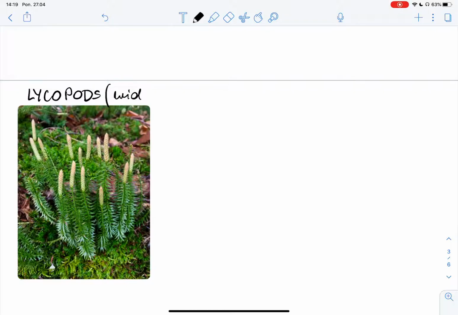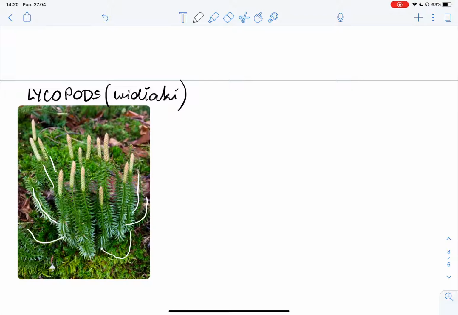And the last group are lycopods, widłaki. And they look a little bit like mosses. Their stem lays on the ground, and from which vertical stems are emerging.